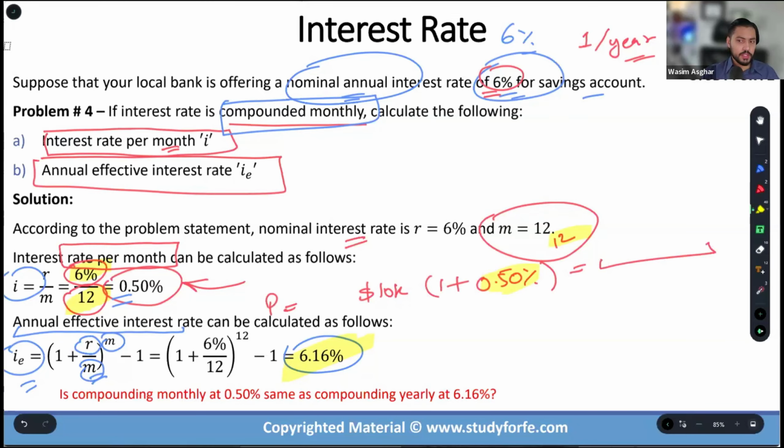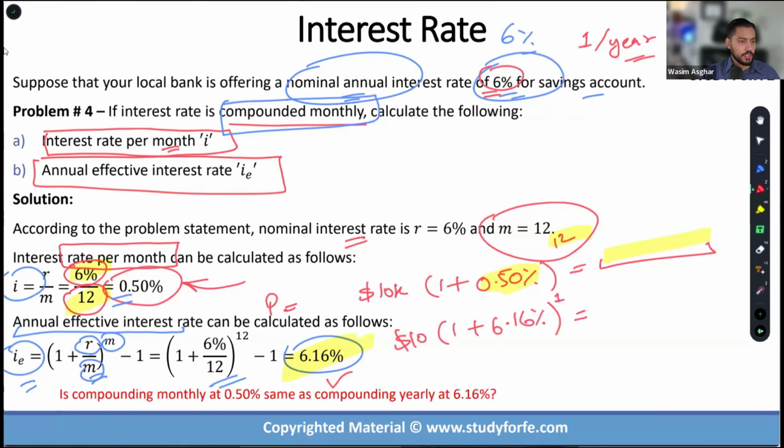So after 12 months, you're going to get this amount. Can somebody do this calculation? Whereas if I'm using the annual effective interest rate of 6.16%, I'm going to do this. What will be the value over here? Just 1, because I have cooked in the effect of multiple compounding periods using this formula into this one equation.